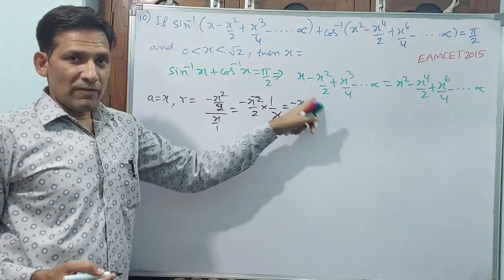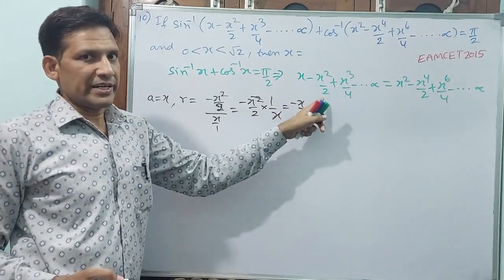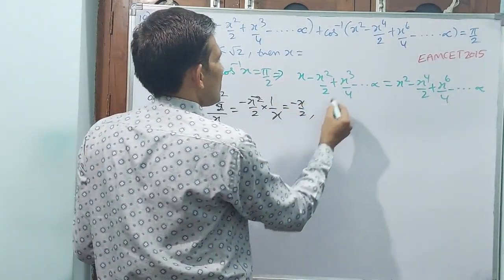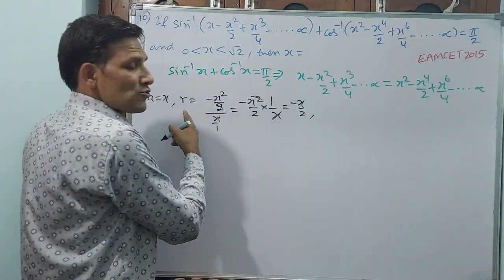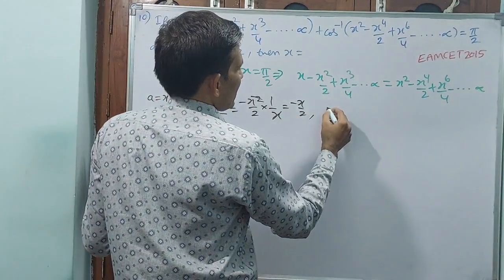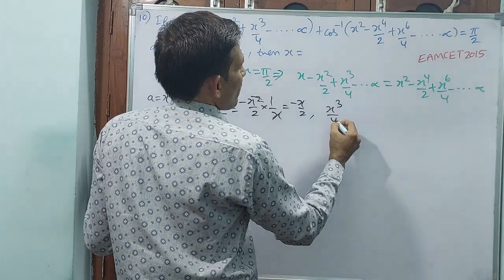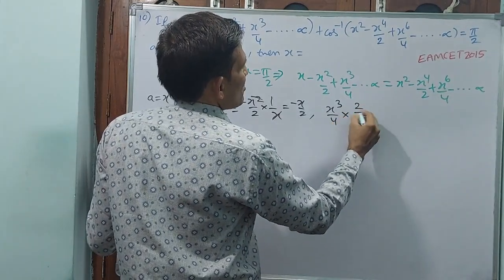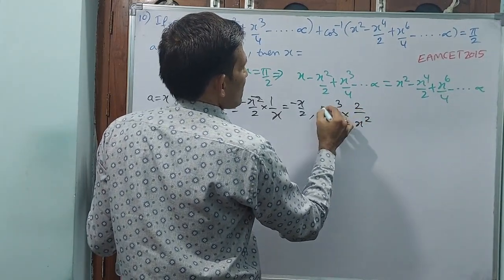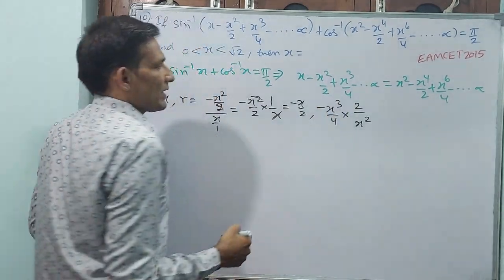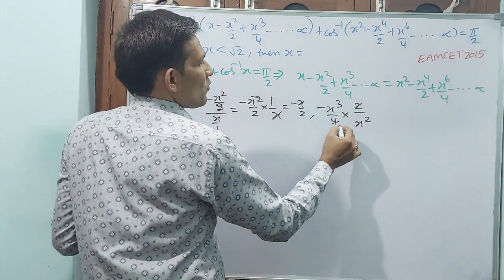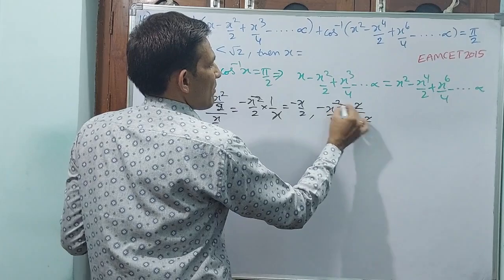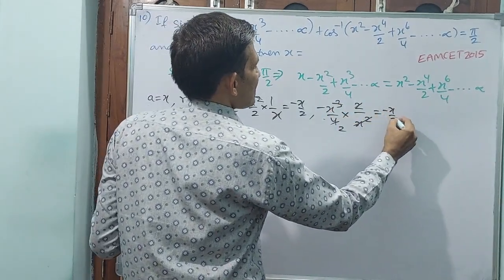See, we have seen only the first and second term. Let us see whether this is applicable for this column or not, or else r is going to change. X cube by 4 divided by, but minus you have to keep, because minus is there, don't forget. Now you see, x square completely goes, x will come, that means minus x by 2.